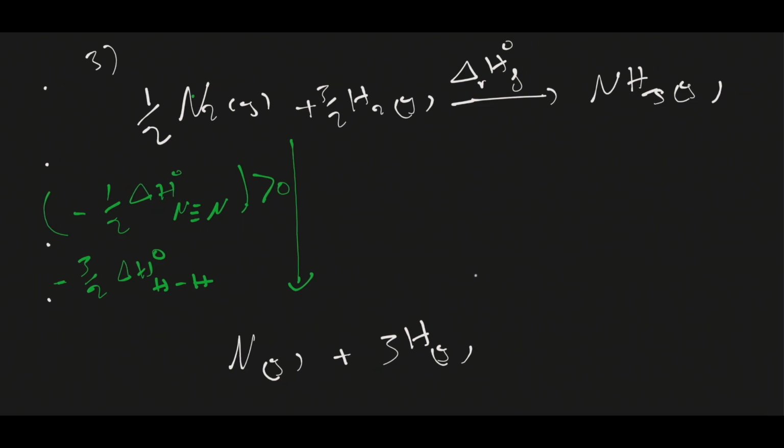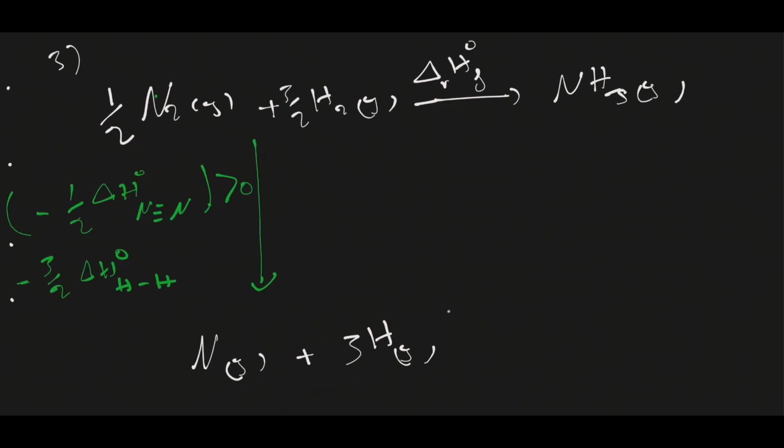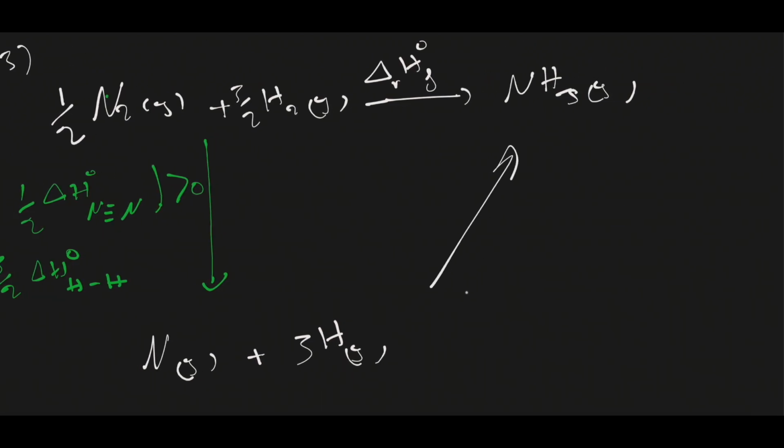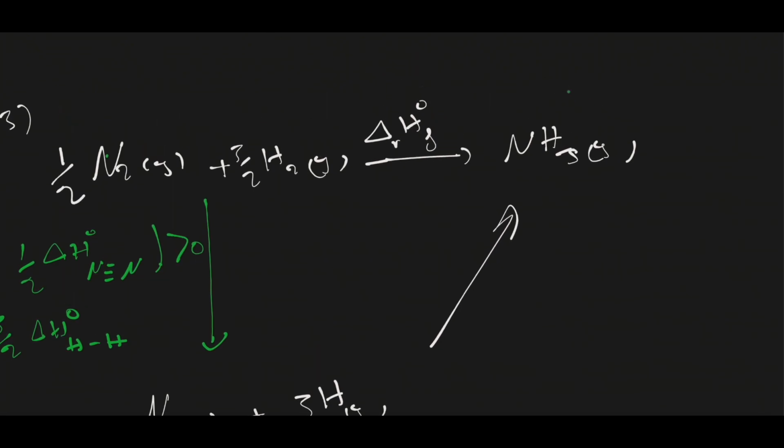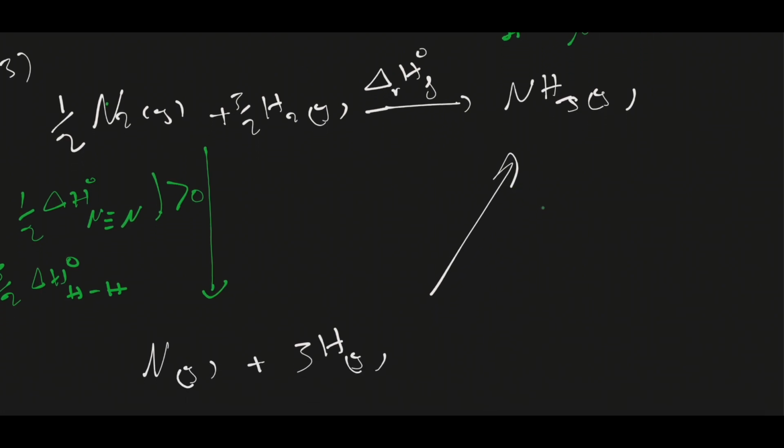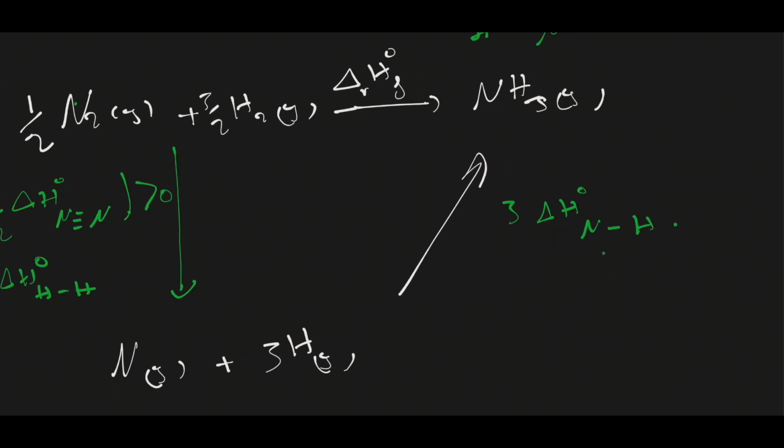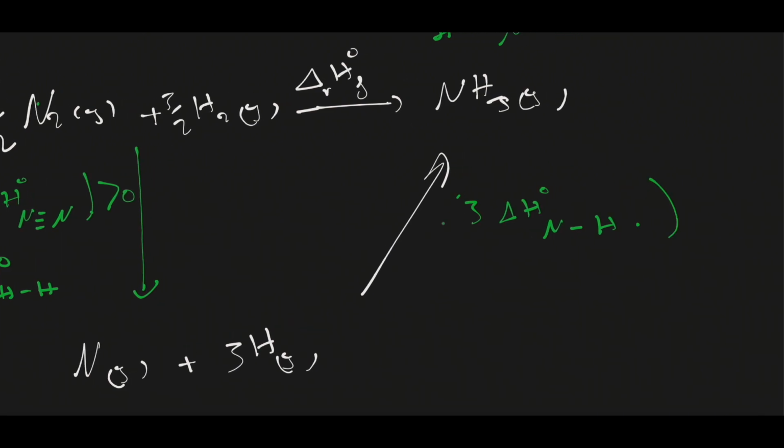Now to go from this to the final substance, we have to form this molecule. Let's draw this Lewis structure. So we need to form 3 bonds. But here it must be negative because it is a formation process.